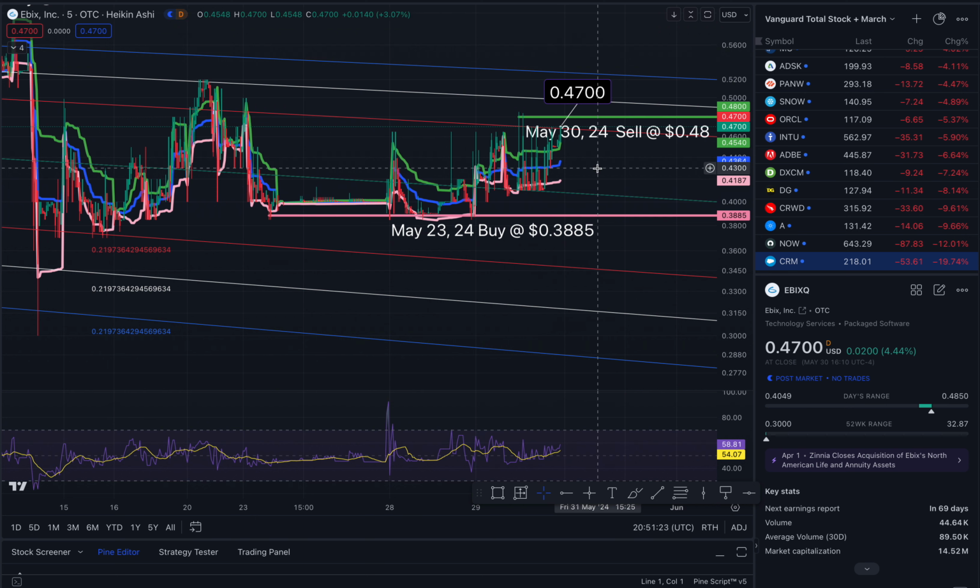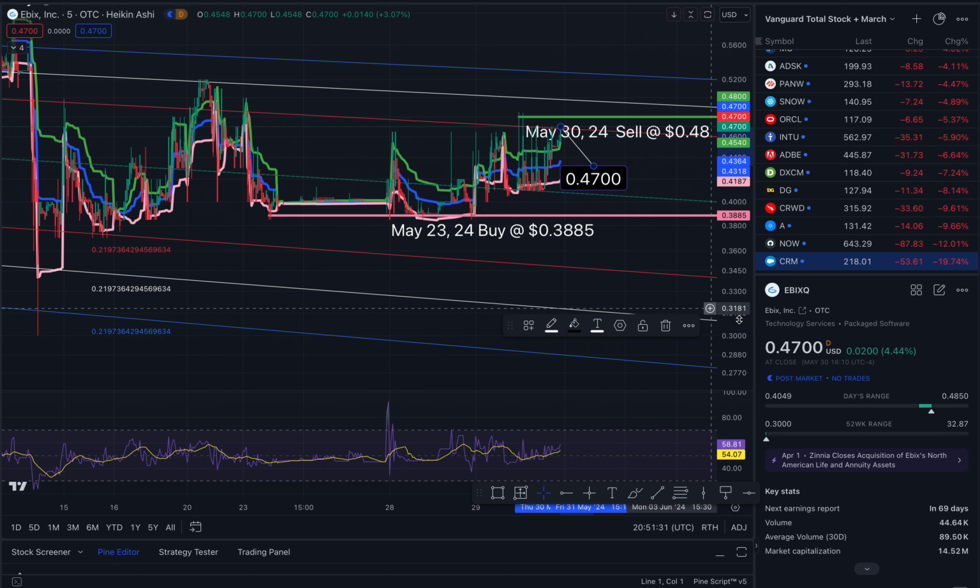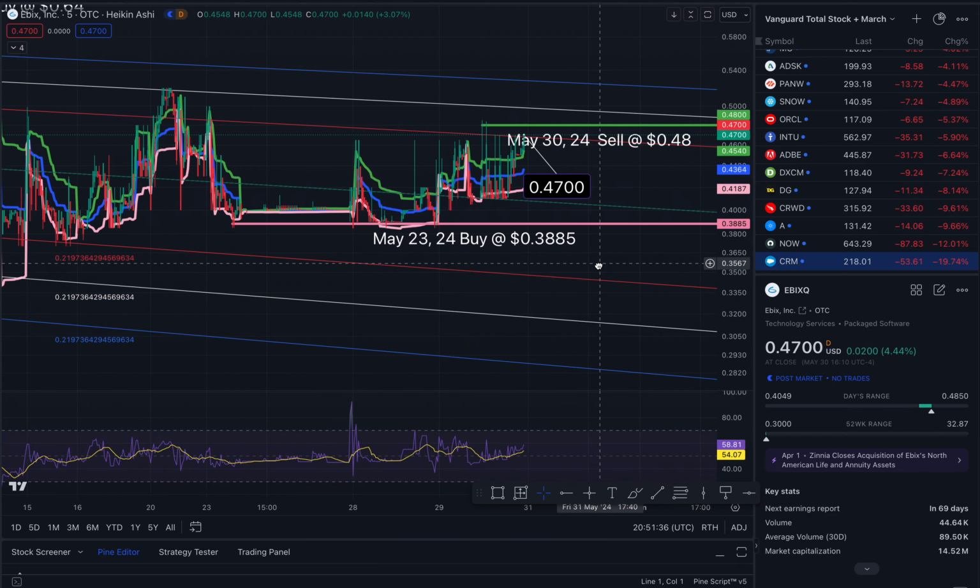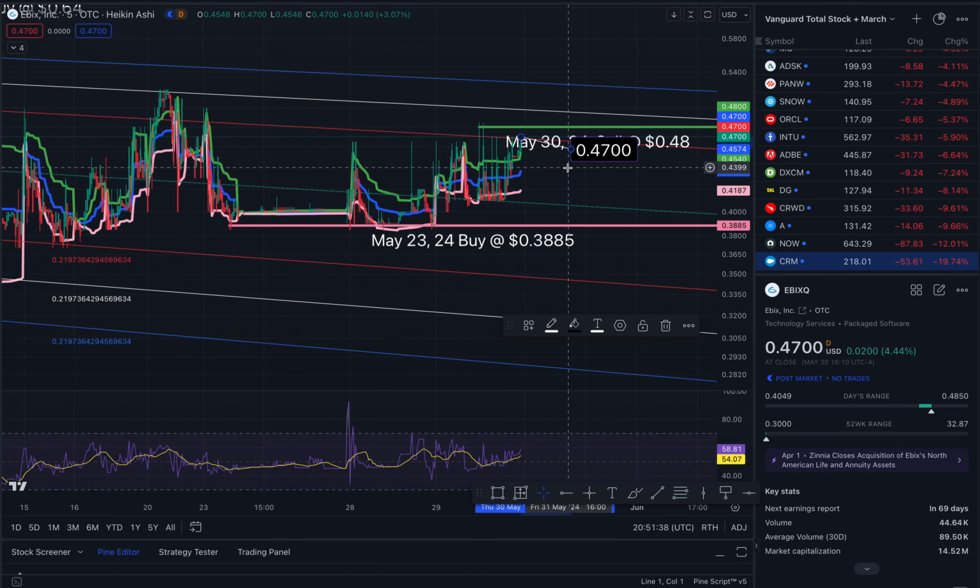I got stopped out. It hit a sell limit for me. I put it in at $47. I had it at 48 at one time, and for a while the high was at 0.4650. I didn't take profit, and I wanted to, and I regretted it. I'm like, no, I've waited this far. I'm going to set it up with just a hair higher, and I got stopped out today.